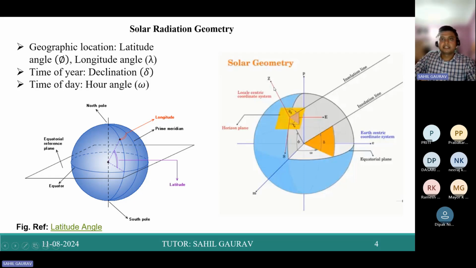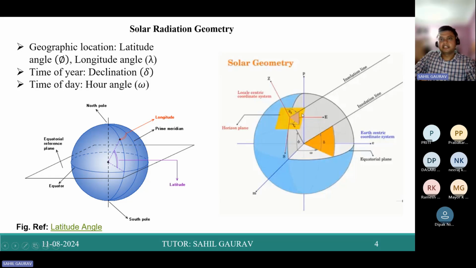Here this is z, the zenith, and the zenith line passes through the center of the earth and is normal to the horizon plane. If we consider the south and east side of the horizon plane, then it makes an azimuth angle with respect to the solar insolation line.